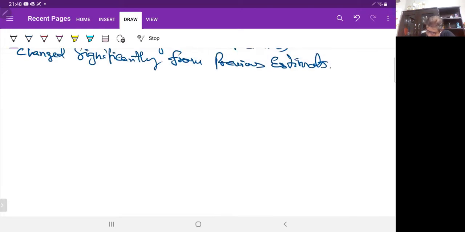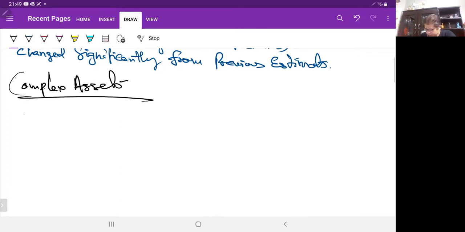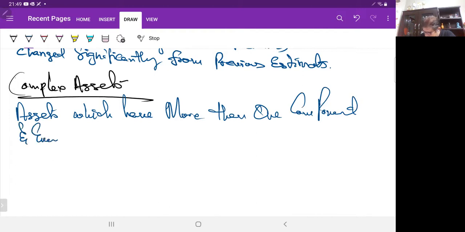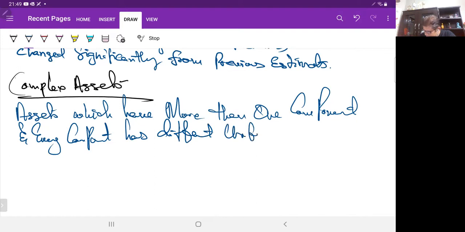The last thing which we need to look at in this standard is complex assets. Now, what are complex assets? Assets which have more than one component, and every component has a different useful life. For example, this plane.